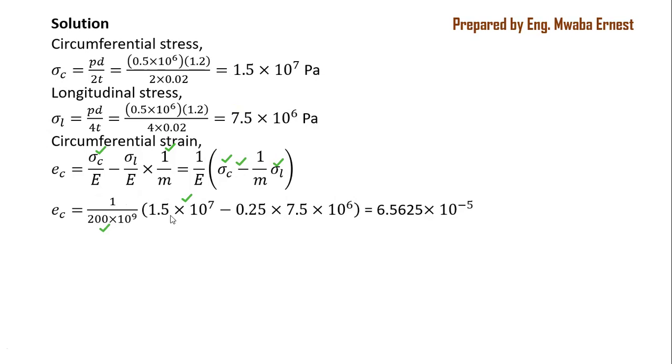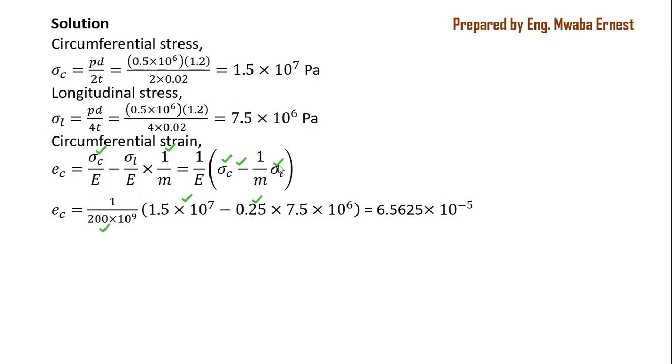Then added to that, we also have this one, and this one is our Poisson's ratio, 1 over m. 1 over m being represented by this. So by introducing this, we have substituted for 1 over m.